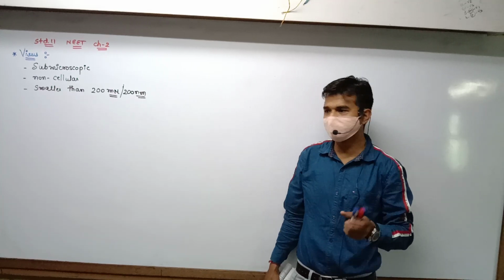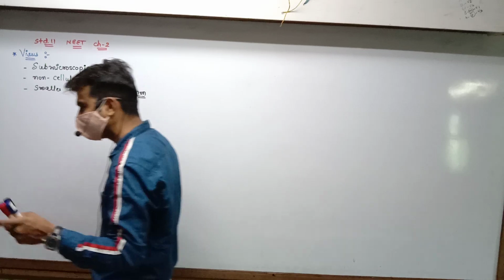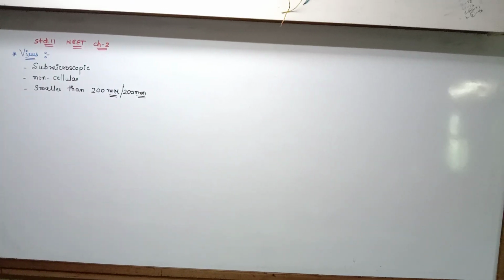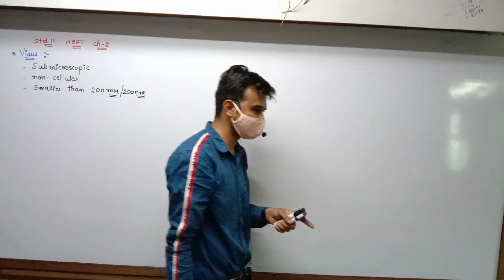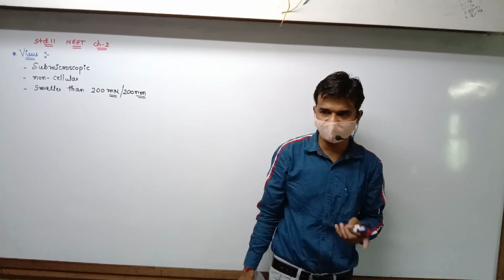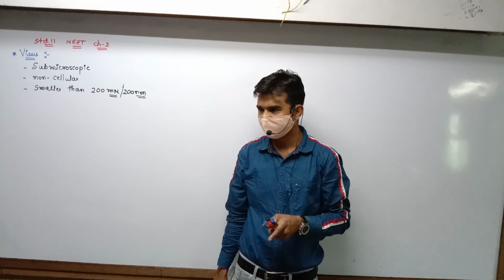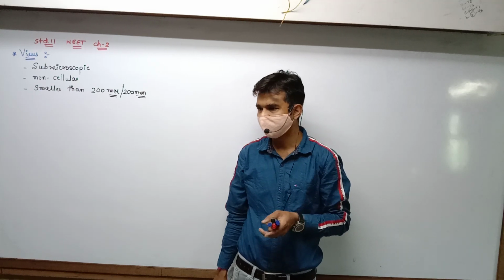So the gene of the virus, you know that the genetic material of a virus is RNA or DNA, but not both. Virus consists of genetic material as RNA or DNA, but not both. And listen, RNA is in the form of SS or DS, and DNA is also in the form of SS or DS, but both are not present there.